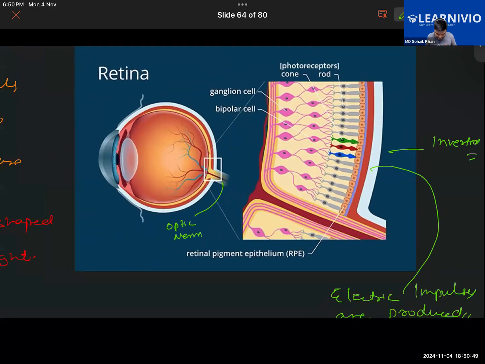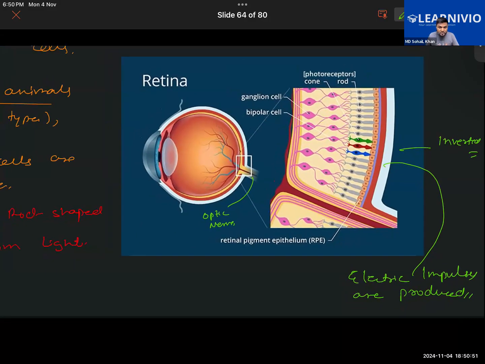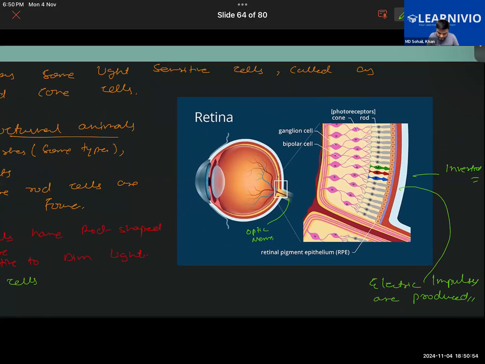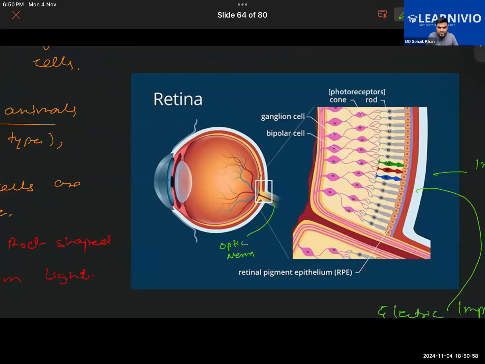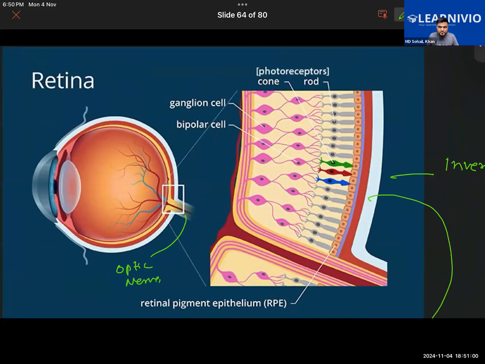So talking about the cells, take a look at the shape of these cells. Isn't it shaped like a cone? The top portion is shaped like a cone like this.